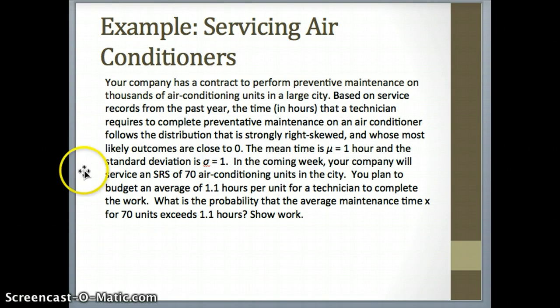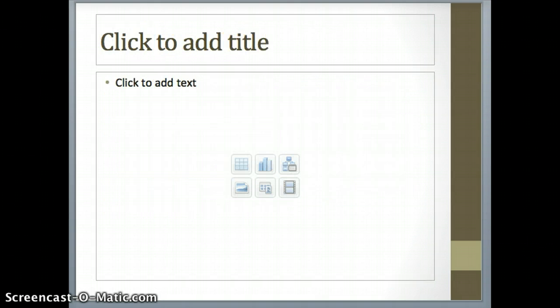Okay, so let's take a look. I think you guys have this in your notes, so you can just refer back to that to do the work. Let's put some stuff down. We know that the mean of our sample mean is just going to be the mean of our population, so that would just be 1 hour.